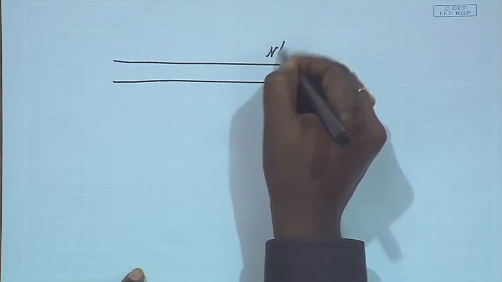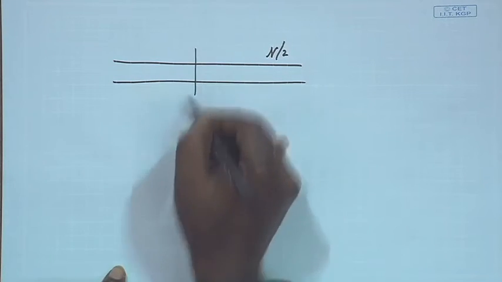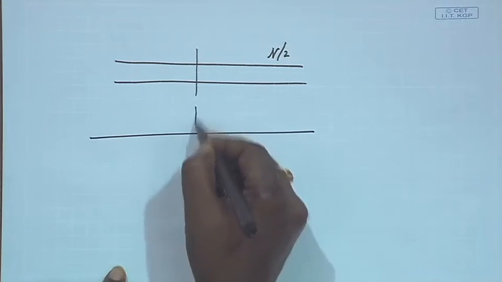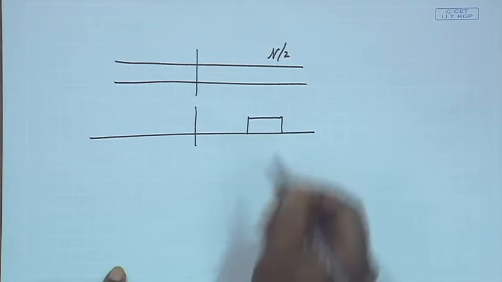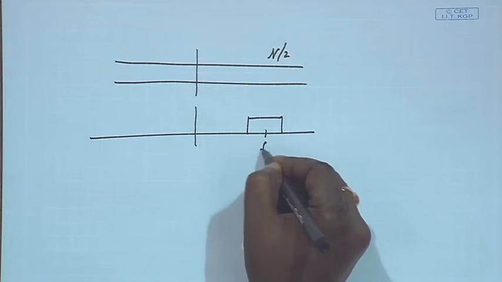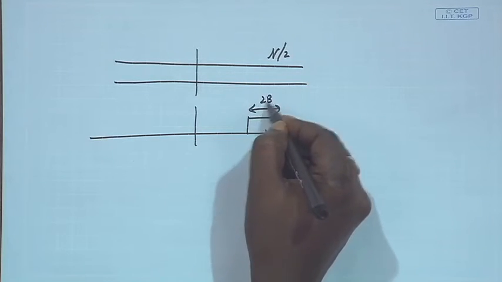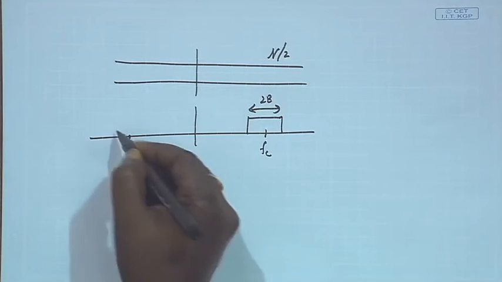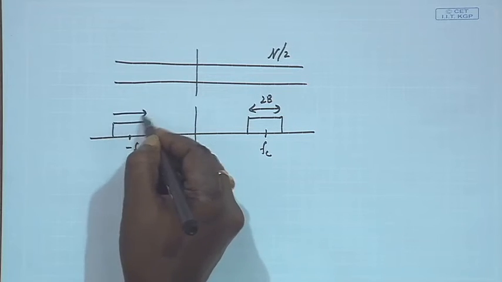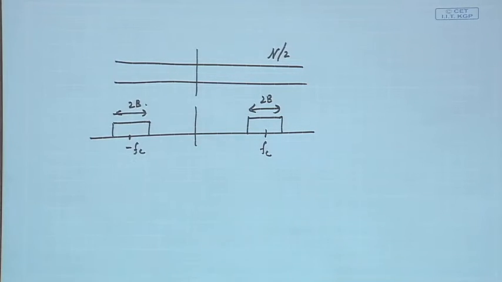So, we want to characterize that noise, which is having a strength of eta by 2, right. Now, this noise is passed through a band pass filter, okay, centered around Fc, and band is 2B, similarly minus Fc, band 2B, right.